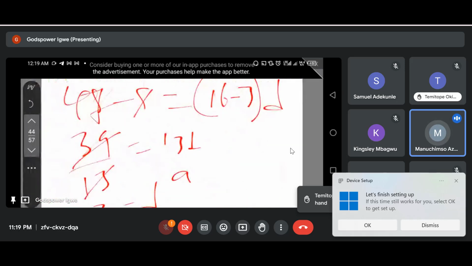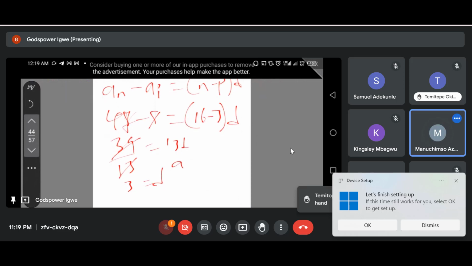Then we say A1 plus n minus 1 times d is equal to whatever term we choose, either the 16th or the third, so that we can use that now to find the first term.